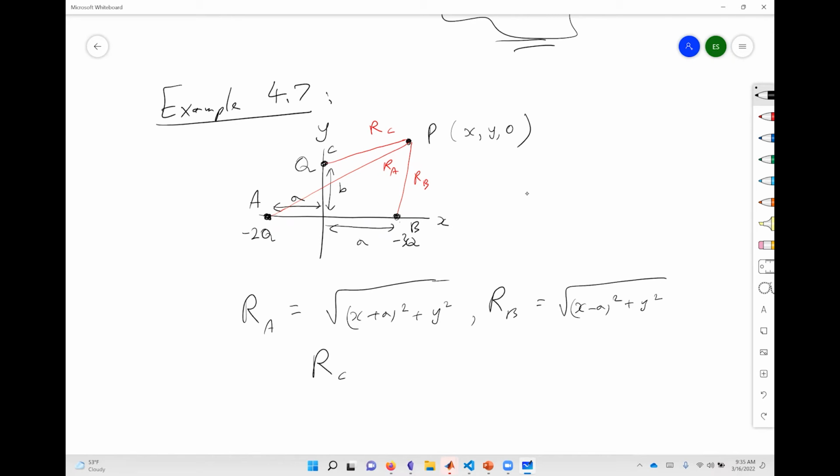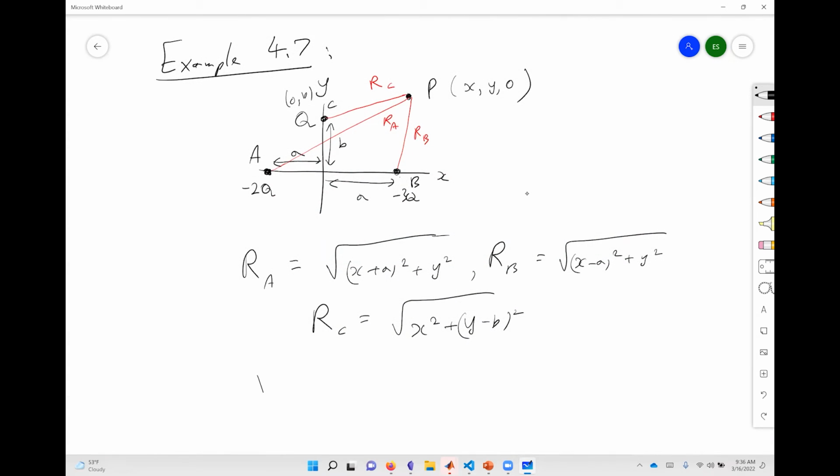It's all application of Pythagoras theorem. And then RC is going to be X minus 0, so X squared, plus Y minus B squared.